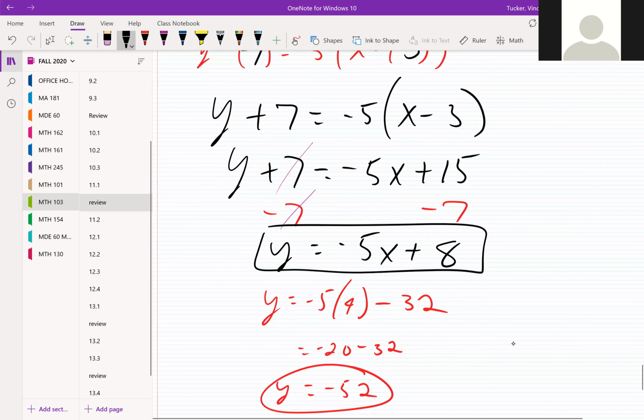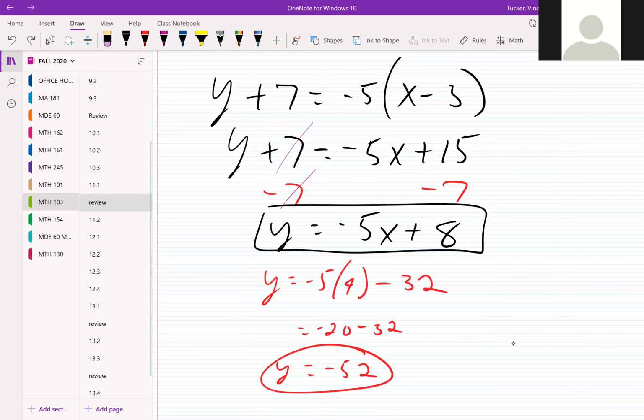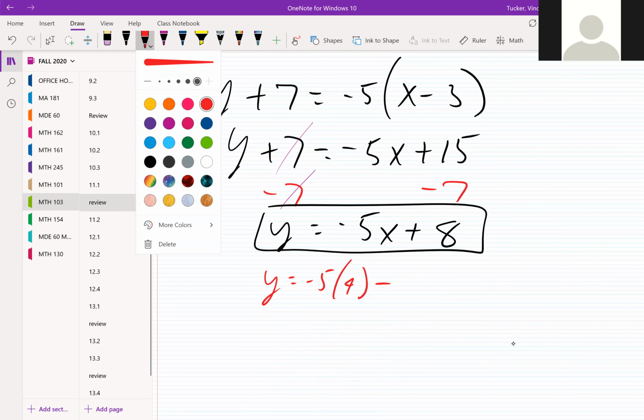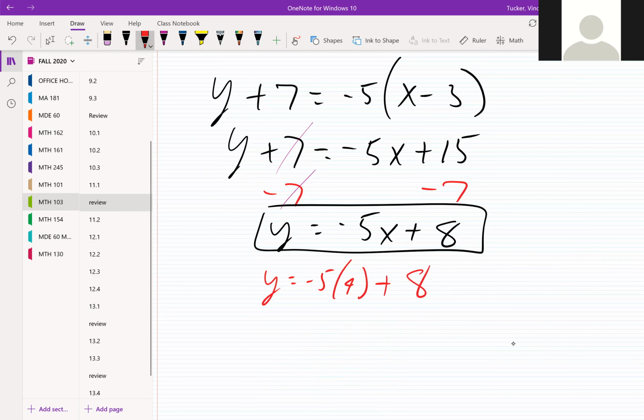5x plus 15. And then minus 7 on both sides. And then y equals 5x plus 8. Then we have to plug it in. Like I said, I was about to do 5 on each side.